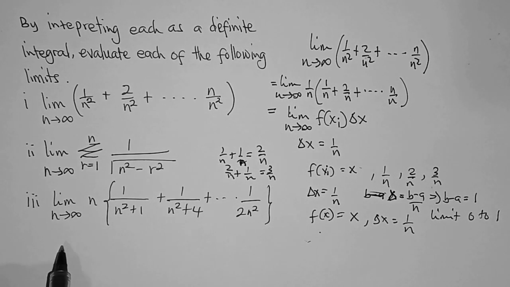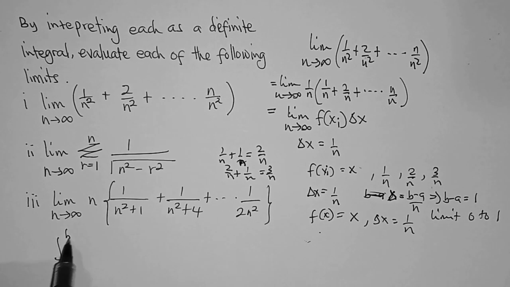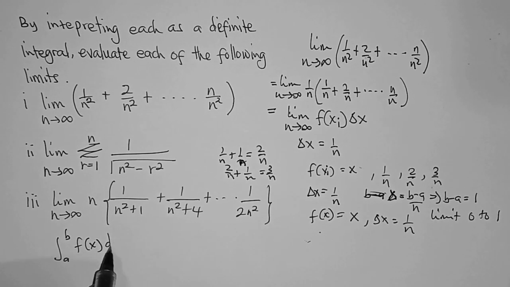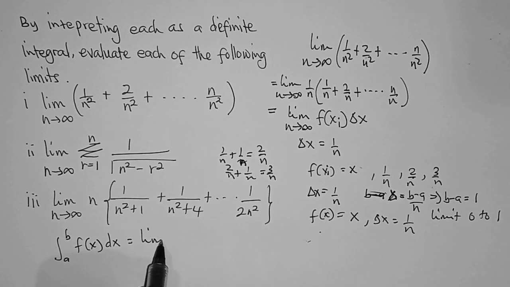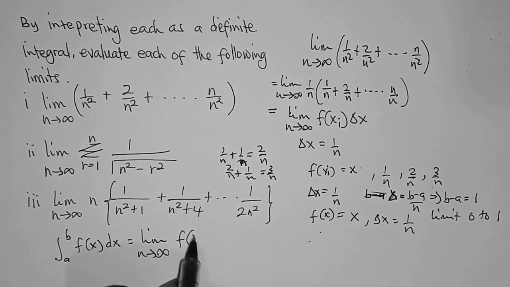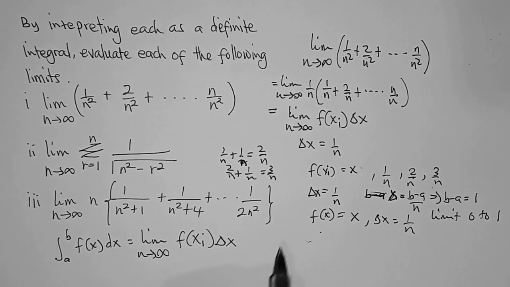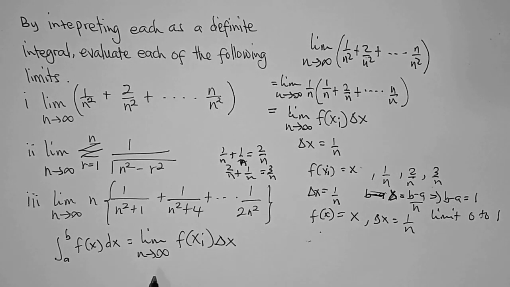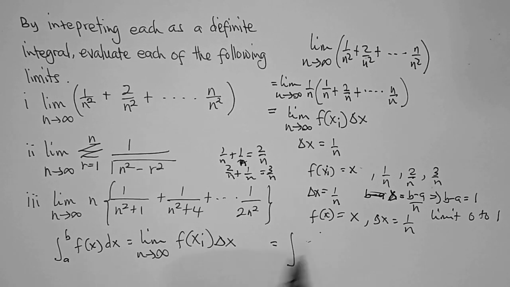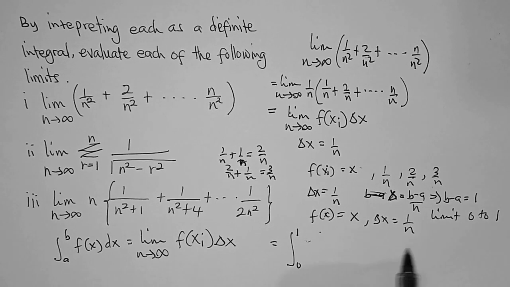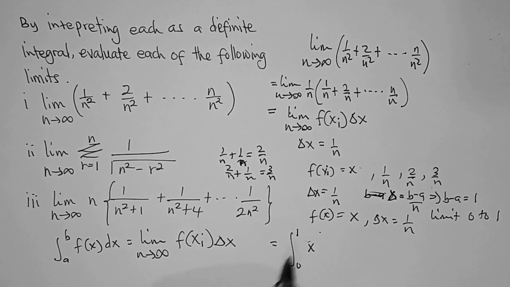Remember that from Riemann sums, the integral from a to b of f of x dx is equal to the limit as n approaches infinity of f of xi delta x. So now delta x is 1 over n. So this is equal to the integral where the lower limit is 0 and the upper limit b is 1, of f of x, where f of x is x, then dx.